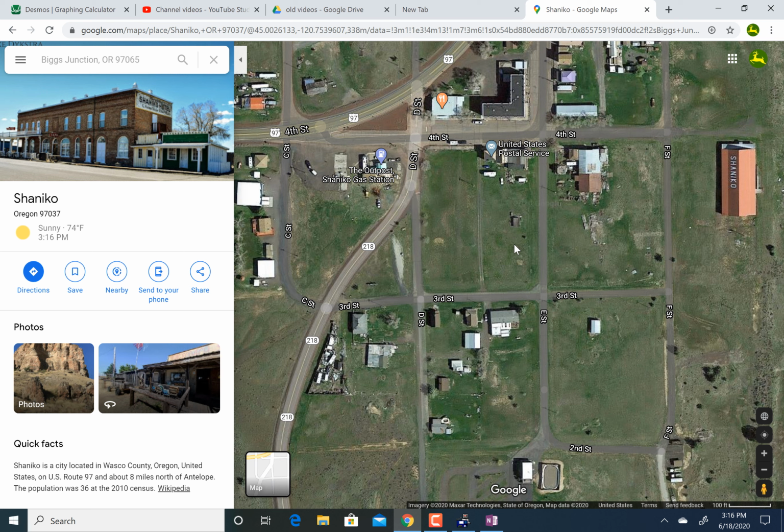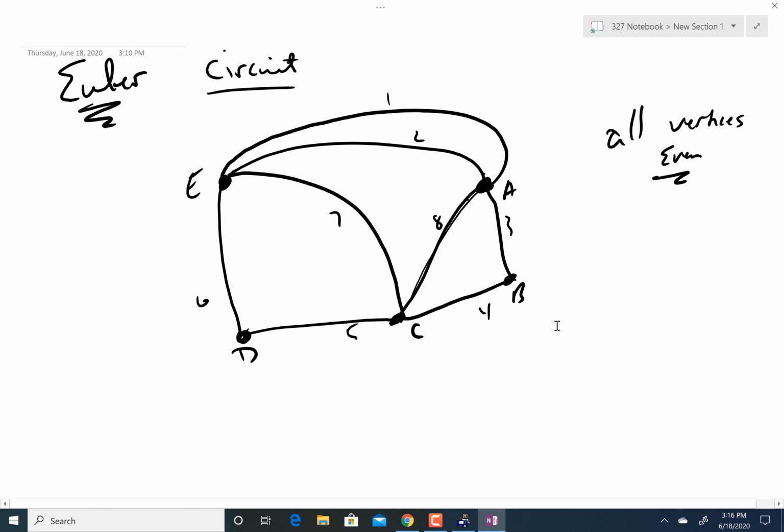So there's 2 different kinds of graphs. There's going to be the graph where I have to go to every house, and there's the graph where I have to go up and down every street. They're 2 different things. Okay, and so Euler's says I have to. It's all about the journey, if you will.